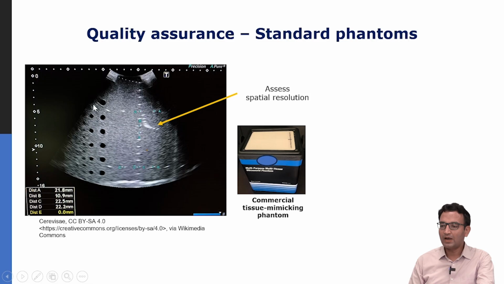Also, you can look at the cysts from which you can determine the contrast, signal to noise ratio, etc. So by having such structures where we already know what to expect in ultrasound images, we can actually perform quality assurance. In case a transducer element is dead, for example, if we have some damage to the transducer array, typically you see streaks in the phantom images and you would know for sure that there is some damage to the array.